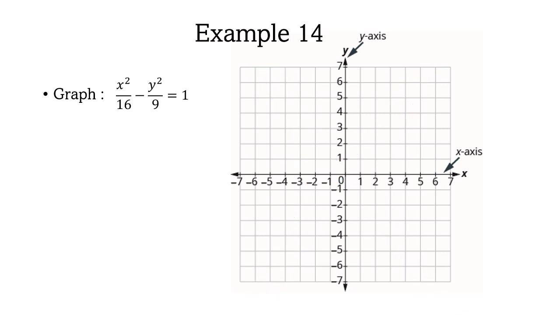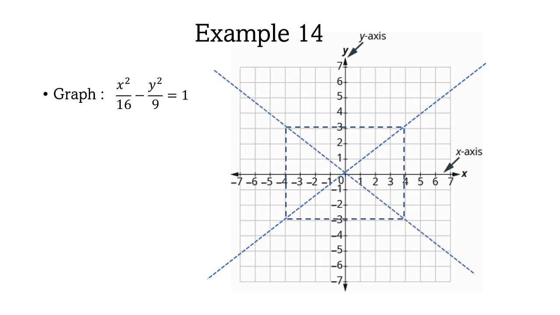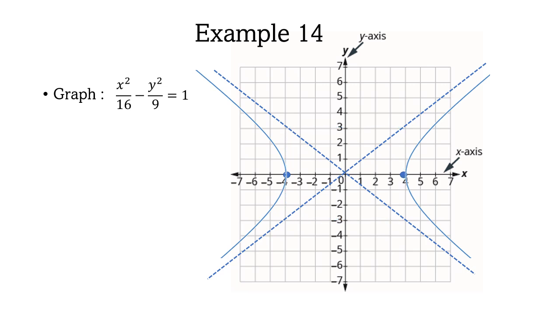Again, from the origin, we're going to go 4 units left and right, 3 units up and down, and draw a rectangle. We're going to draw the diagonals. Again, here the vertices are on the x-axis with coordinates 4, 0 and negative 4, 0. Now we need to calculate the foci.